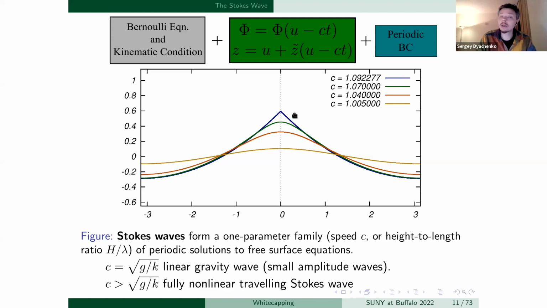This wave is still regular. It's just that when you look at it from afar, it looks like almost an angle here. But if you zoom in close enough, you will see it's still a regular wave. It just has a very small curvature radius near the crest.